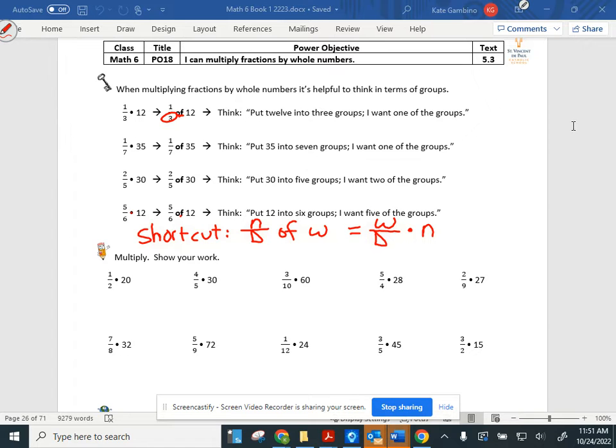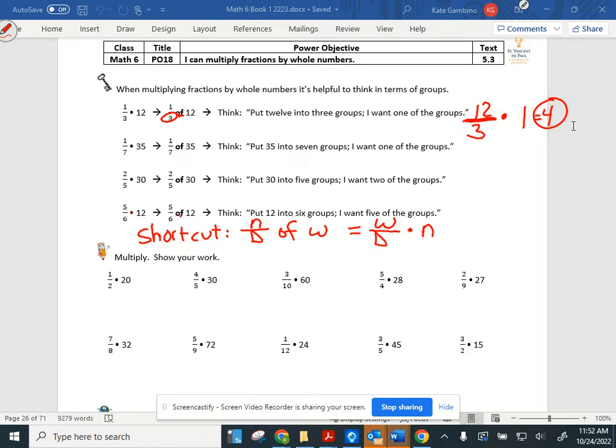So what that would look like if we look back up at these examples: put 12 into 3 groups, and you want one of them, so times 1. So 12/3, remember that fraction bar means divide. 12 divided by 3 is 4, times 1 equals 4.